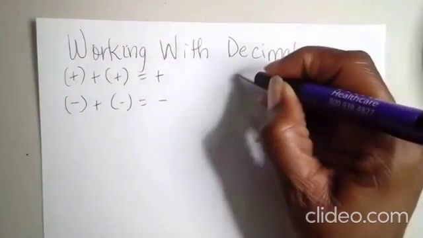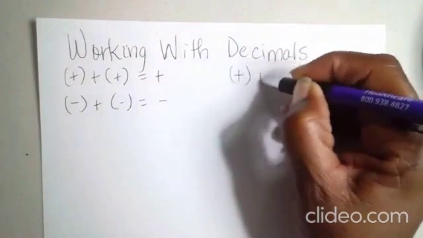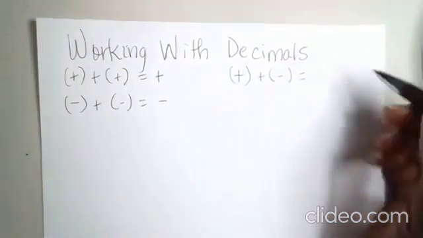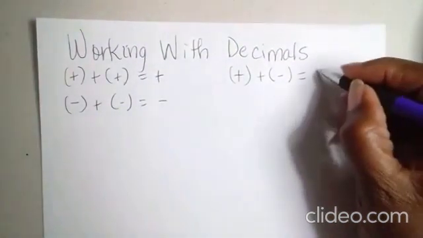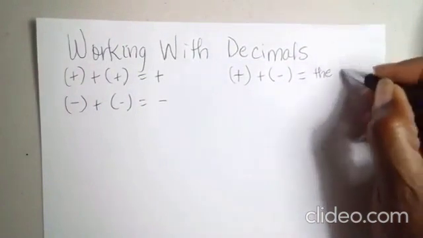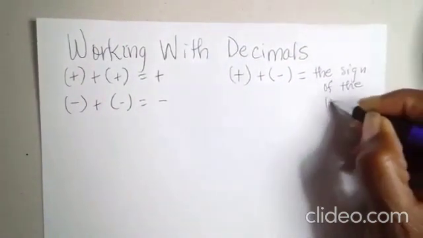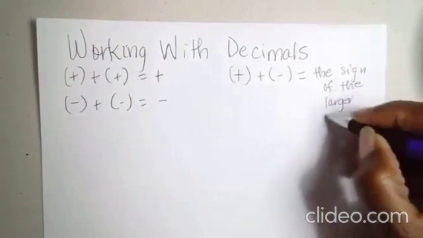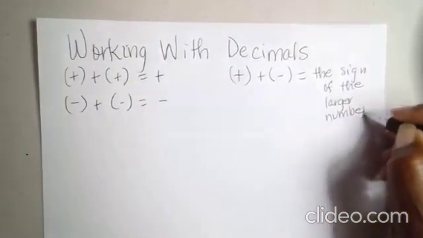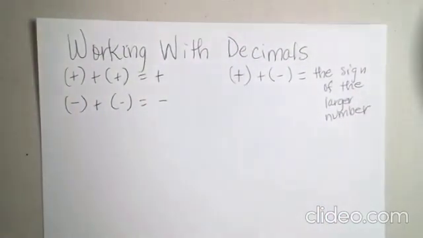But if you're adding opposite or different signs, then your answer is going to be the sign of the larger number. So when I say larger number, I mean if it's -5 and +1, the larger number is 5, right?